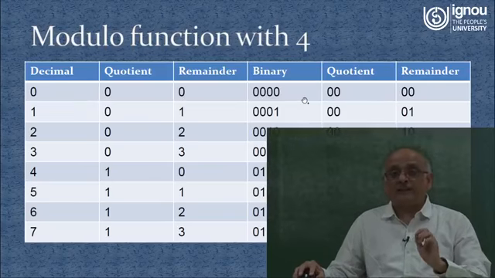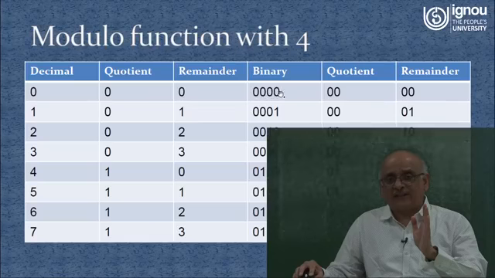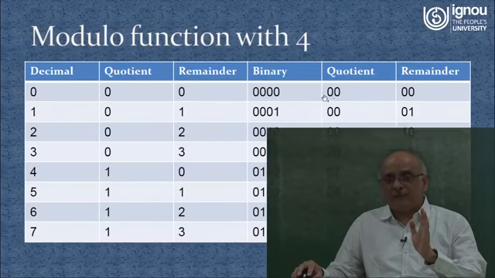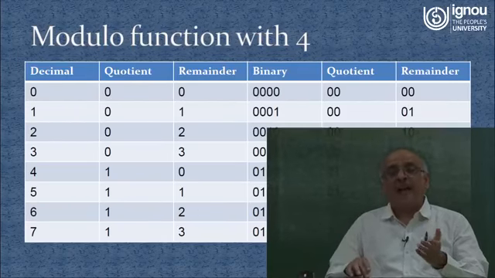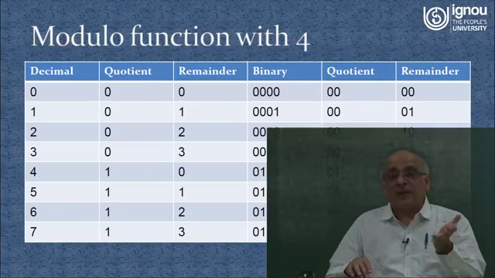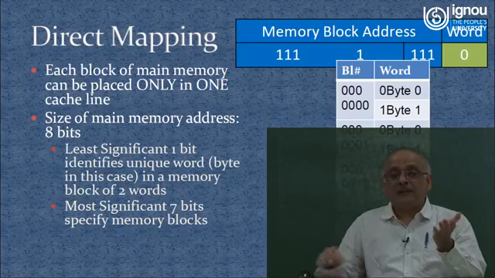The important point I am trying to tell you is how the main memory address can be divided into the cache address. The cache address is going to be this only, but the tag number of the cache identifies which team presently has access to that particular location. And that is the whole philosophy of direct mapping cache.